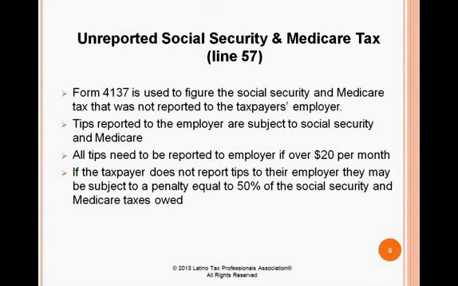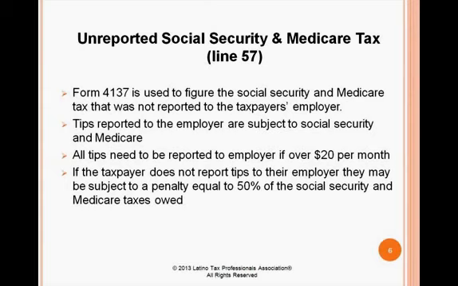Form 4137 is used to figure any Social Security and Medicare tax that was not reported to the taxpayer's employer. For instance, tips. Tips received are supposed to be reported to the employer, and they are subject to Social Security and Medicare tax. All tips need to be reported to the employer if over $20 per month.